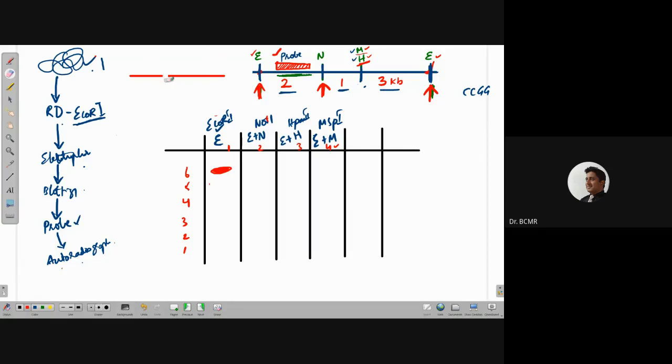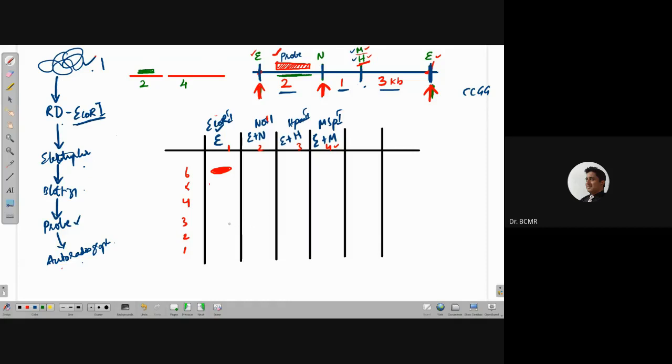Where is the probe going to bind? NotI is here, and the probe is going to interact with this one. What is the size of this fragment? This is about 2 kb, and the rest of it is about 4 kb.